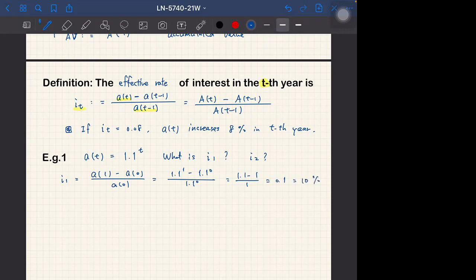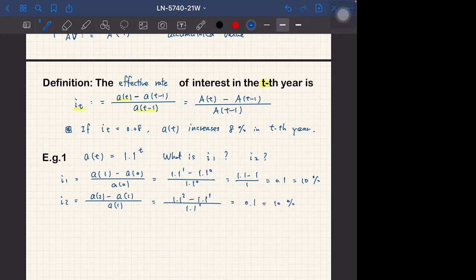And since this is an exponential function, you can imagine that this does not change for the second year or third year and so on. So A of 2 minus A of 1 over A of 1 is equal to 1.1 squared minus 1.1 to the first power over 1.1. If you cancel 1.1 in the denominator and the numerator, that becomes 0.1 again. So this is 10%.